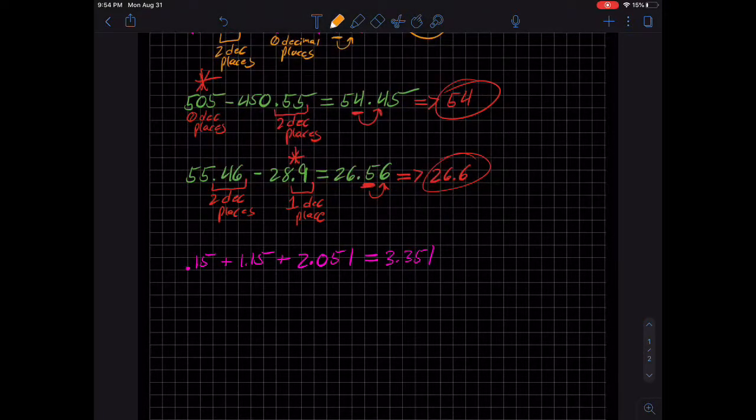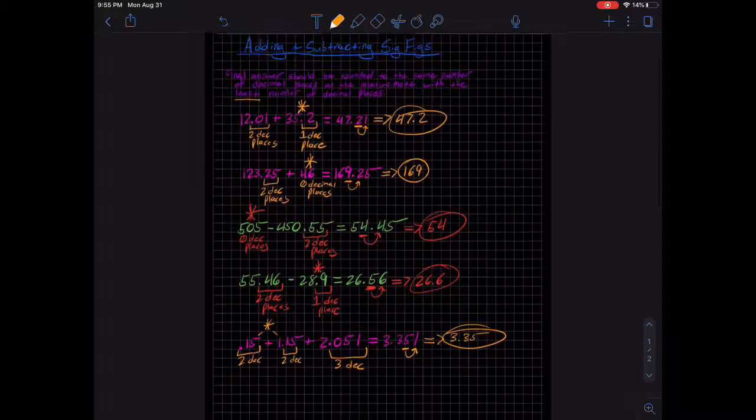Looking at the number of decimal places, here we have 2 decimal places, here we have 2 decimal places, and here we have 3 decimal places. Both of these numbers have 2, which is the least number of decimal places. They match. So the final answer can have 2 decimal places. We're going to be rounding right here at the 5. We look after the 5 and we see it's a 1. So we know it just rounds down, and the final answer comes out to be 3.35.